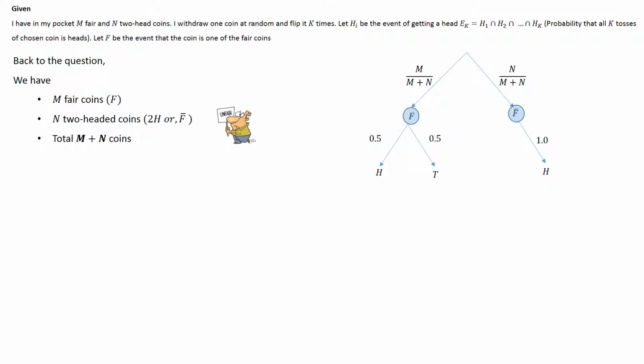In the case that a fair coin is chosen, we have equal probability of flipping tails or heads, which is 0.5. In the case that a two-headed coin is chosen, we will always flip heads. As we continue with k flips of the same coin, we can see the tree diagram expanding. In the case of the two-headed coin, we will always end up with heads.